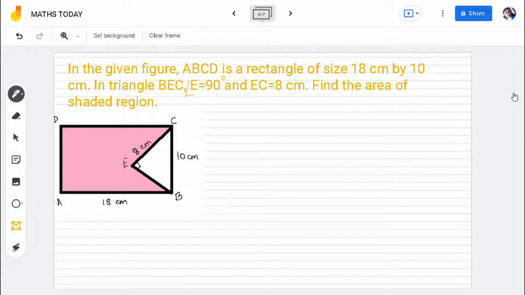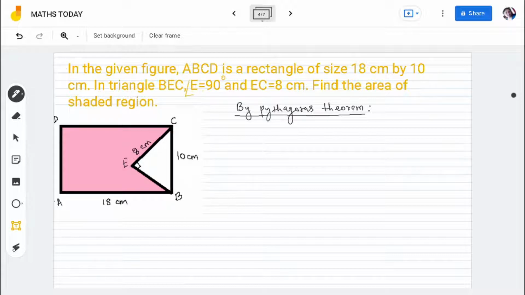First of all, we are going to find out the side BE. So by Pythagoras theorem, what can we write? In class 7, we have read about this Pythagoras theorem. What does this theorem say? It says that the hypotenuse square, and which side of this triangle is the hypotenuse?